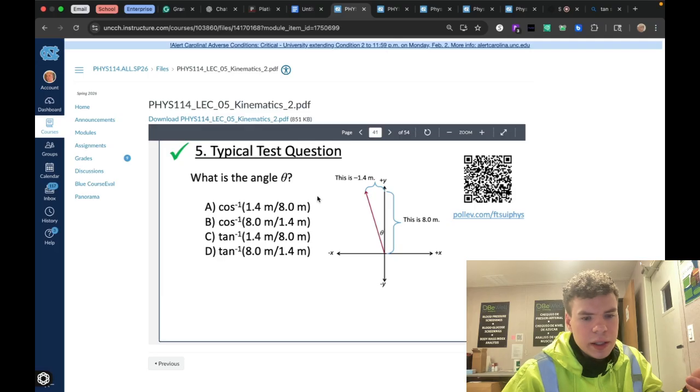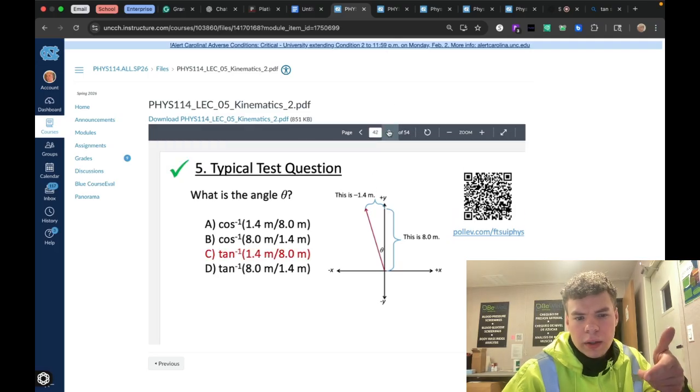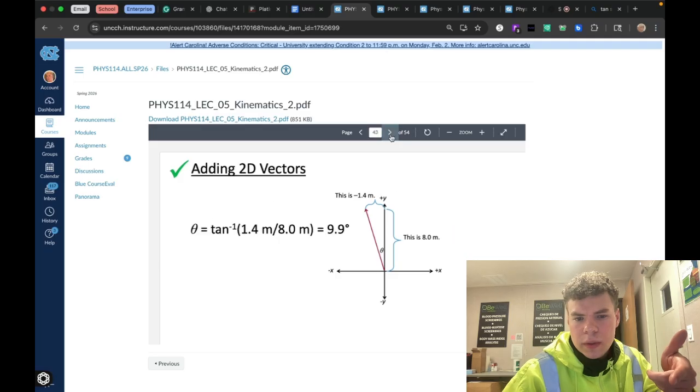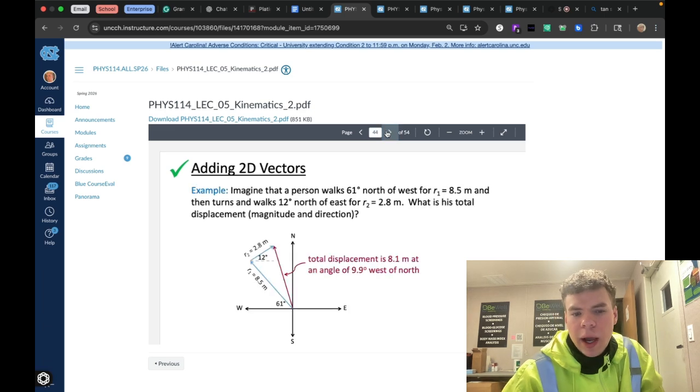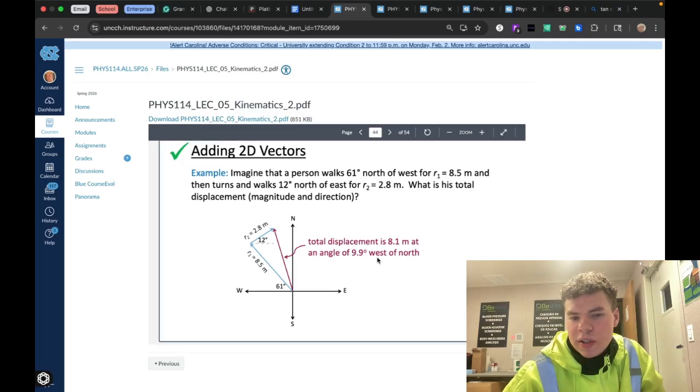The angle, like I said, would be inverse tangent of x divided by y. So the total displacement is 8.1 meters, 9.8 degrees west of north, which is right. It says 9.9, but it's just a rounding error. It's the same thing. I got it right. I won. I got that right. That's cool.